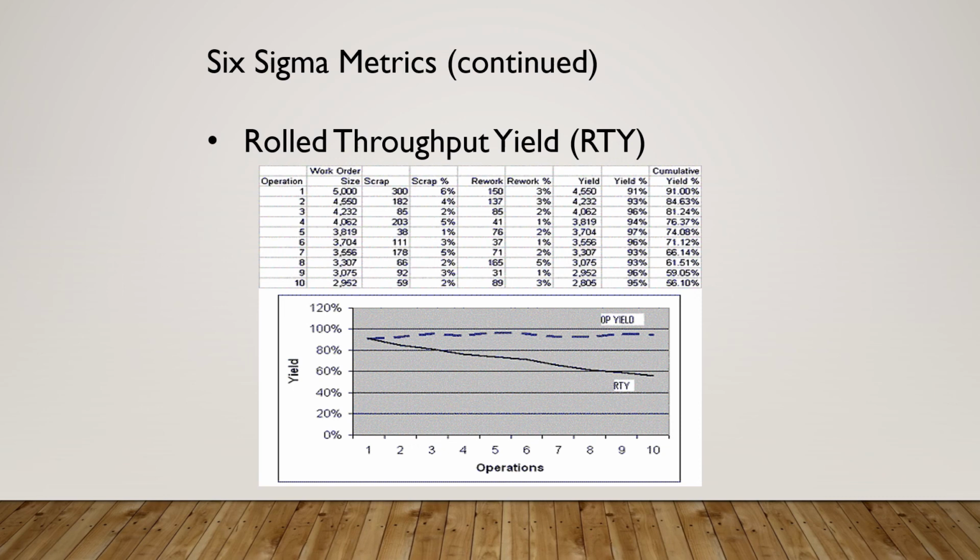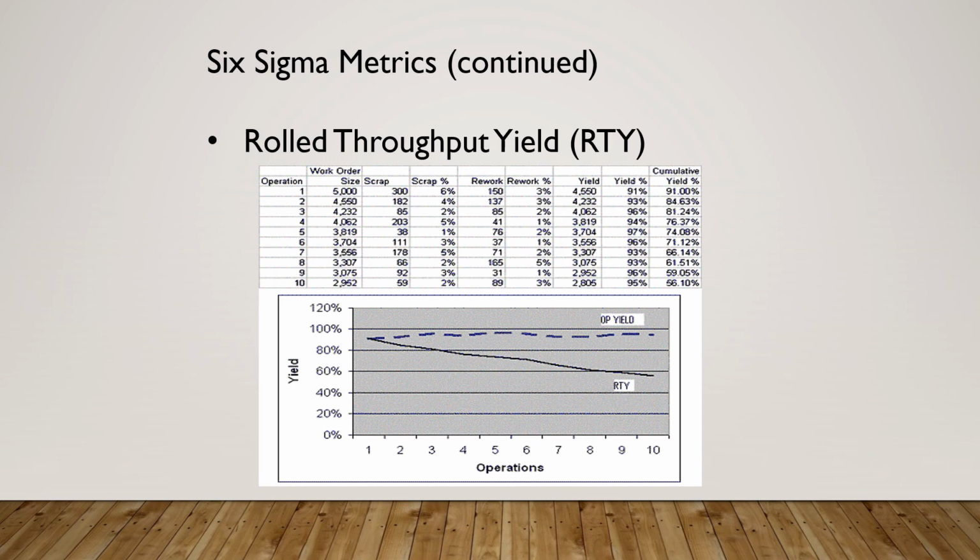While accounting departments typically ignore rework, progressive companies include it because it reveals hidden cost. Let's review an example from one of my previous jobs, making heart catheters. We made these catheters in 10 steps. Our RTY was 56.1%, not the best in the world, but here's the calculation that we used.